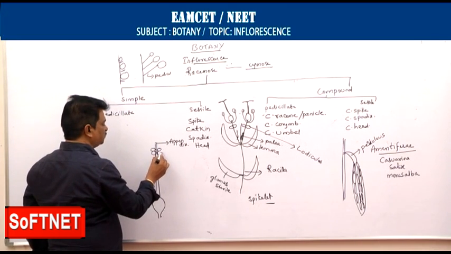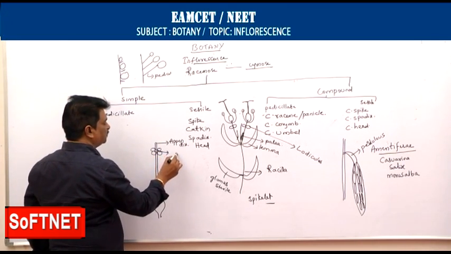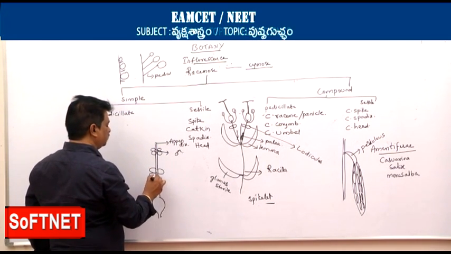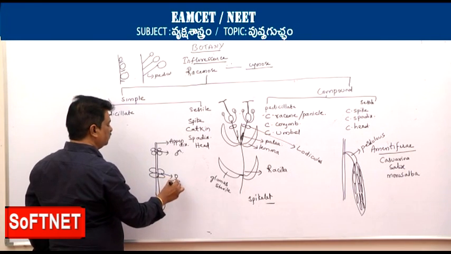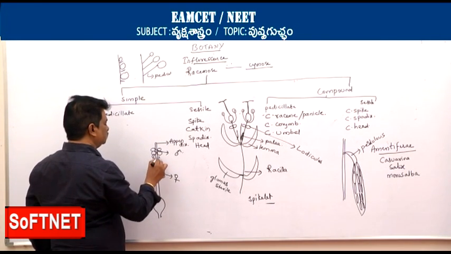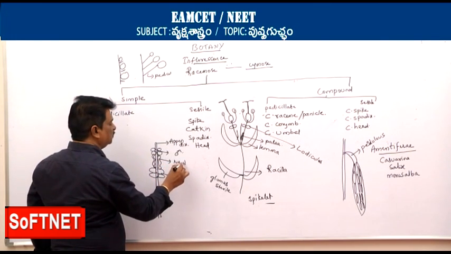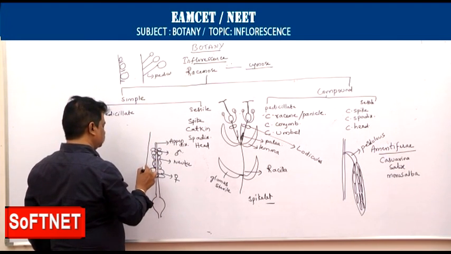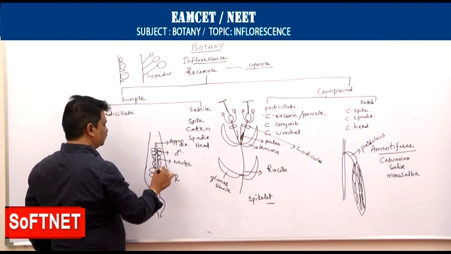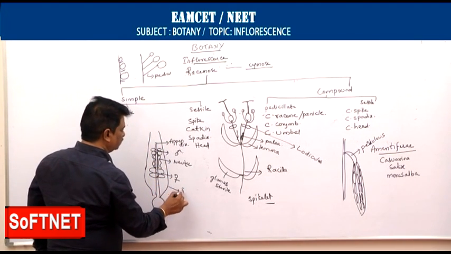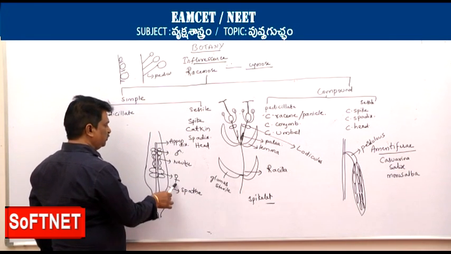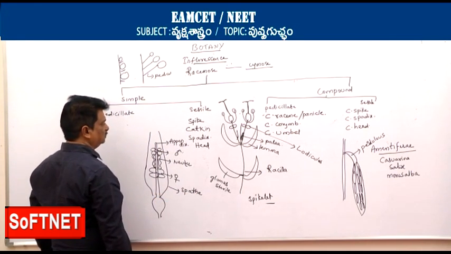It produces three types of flowers. Upper side male flowers, lower side of peduncle female flowers, between male and female sterile or neuter flowers present. Then the whole inflorescence is enclosed by a modified bract. That modified bract is called spathe.